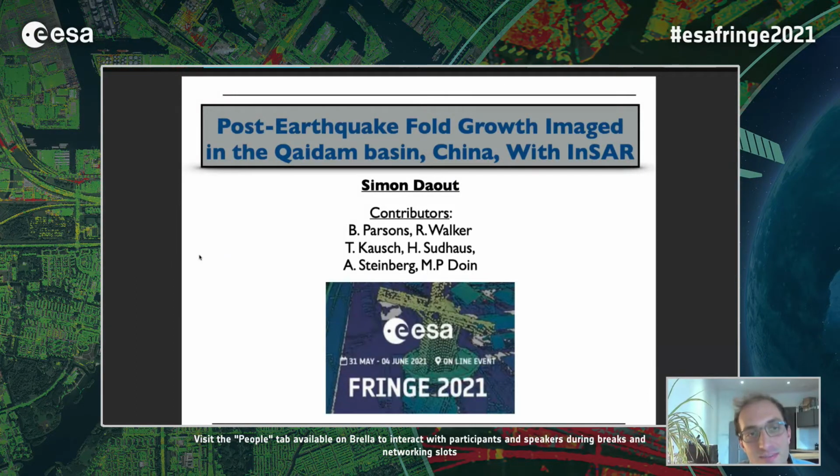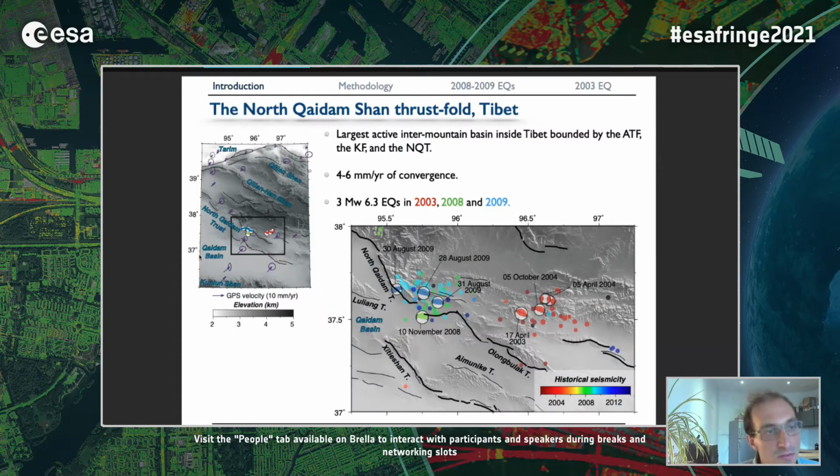So, hello, my name is Simon Daou, and I'm planning today to discuss the observation of very long-lasting post-earthquake signals that have been imaged with SAR in the Qaidam Basin. So, where are we? Can you see my mouse here?